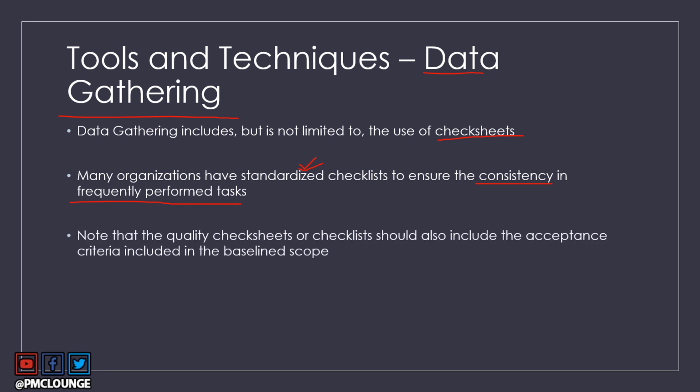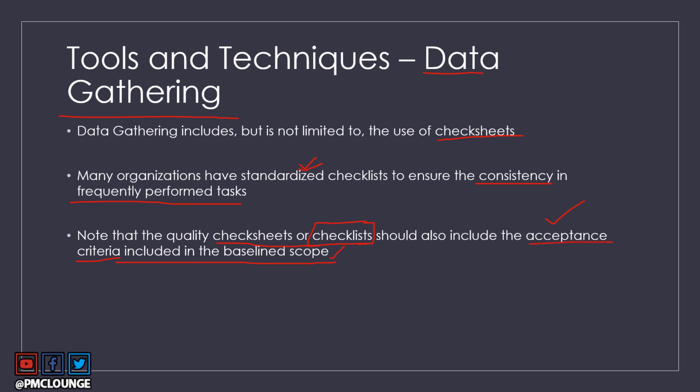Now note that quality check sheets or checklists, like I said, these two are the same thing, should also include the acceptance criteria included in the scope baseline. When you have a scope baseline document, it also contains acceptance criteria. And when you're gathering data to manage quality, you should make sure that your checklist incorporates and includes the acceptance criteria.